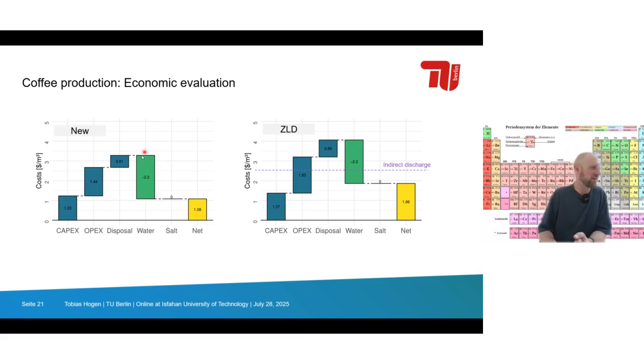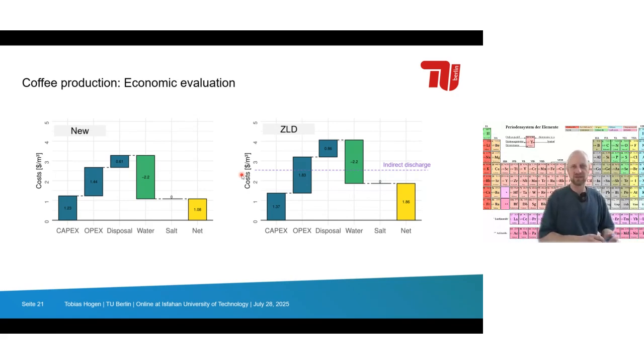Revenue from water recovery is the same as always, like $2.2 per cubic meter. Zero benefits from salt recycling, but we get net costs of $1.08 per cubic meter. This is even better than the HICON process, which was individually developed, and better than the ZLD process, and better than the indirect discharge.